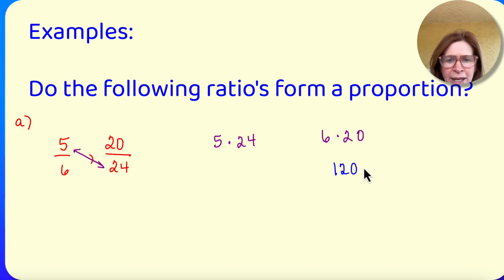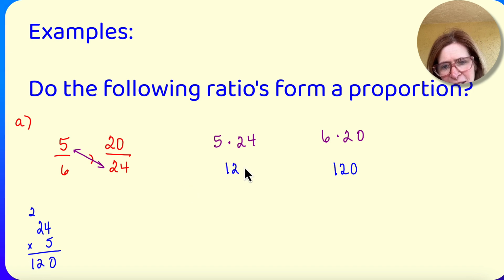It would be 120. Now, 5 times 24, I'm going to do the algorithm, so I'm going to do 24 times 5 off to the side. 5 times 4 is 20. 5 times 2 is 10 plus 2 is 120. So that's how I did this math. 120 does equal 120. So yes, these two ratios form a proportion.